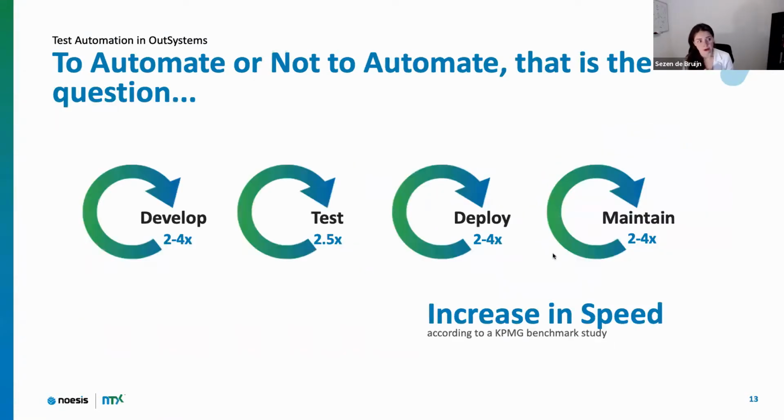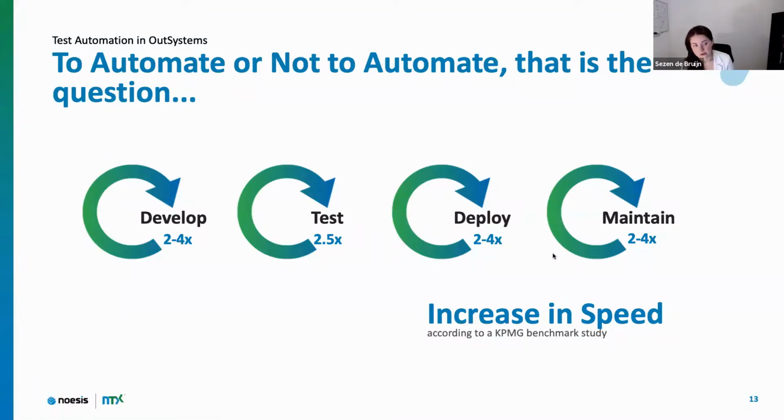Which brings us to our next question. To automate or not to automate? That is the question. And to answer that in general terms, right? There's, of course, a lot of nuance in specific cases, but in general terms, we're going to look at this benchmark study of KPMG. And what they've done is they've compared low code to traditional hand coding.